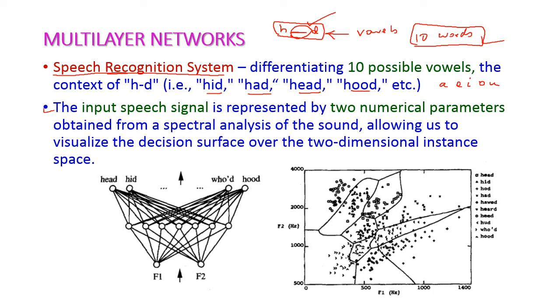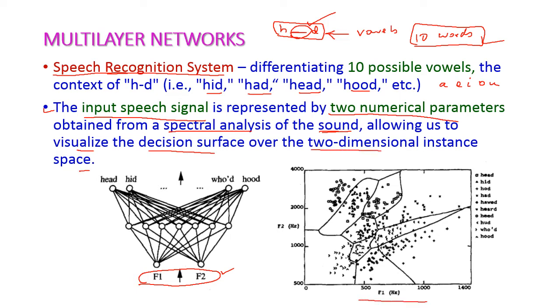Here the input speech signal is represented by two numerical parameters, that is F1 and F2. These two are input numerical parameters from spectral analysis of sounds, which allows us to visualize the decision surface over two-dimensional instance spaces.